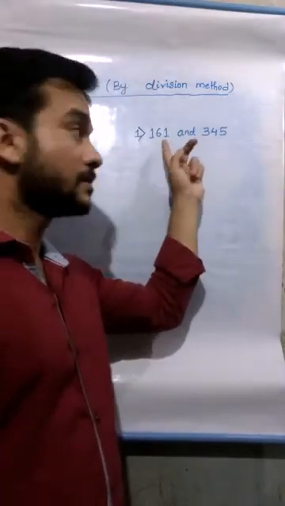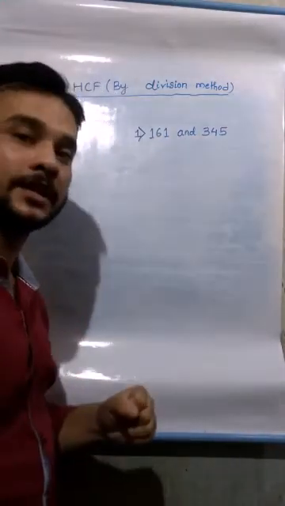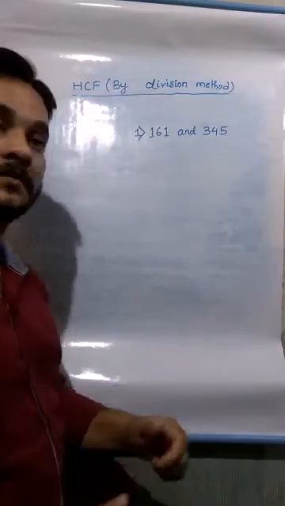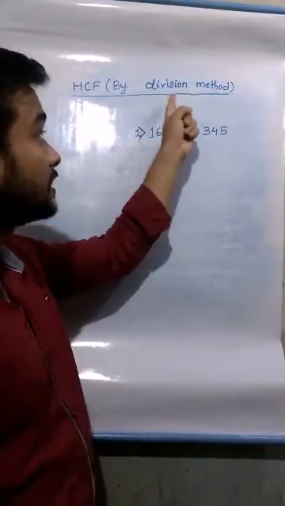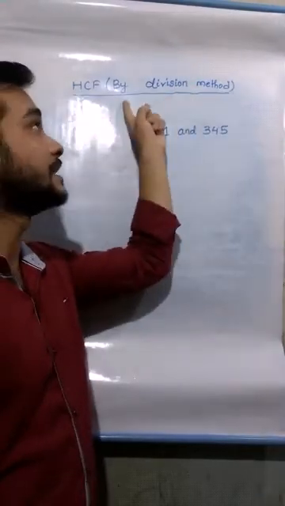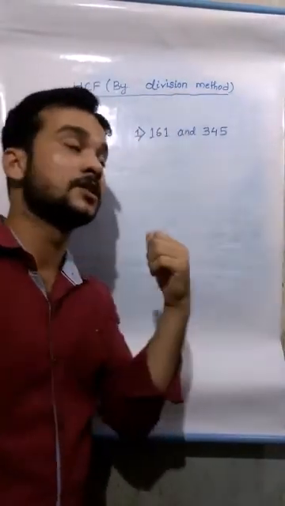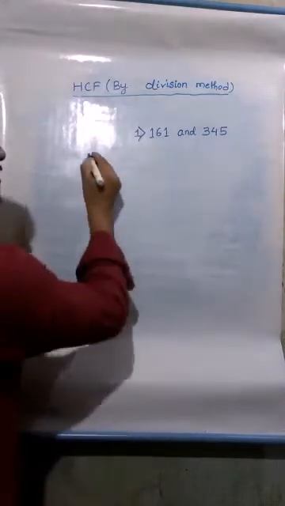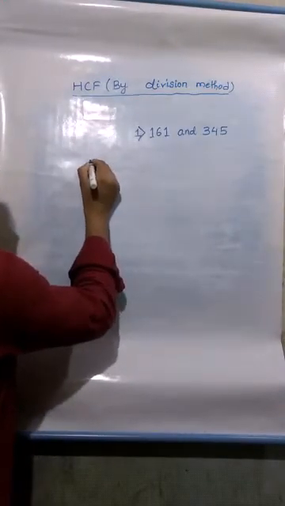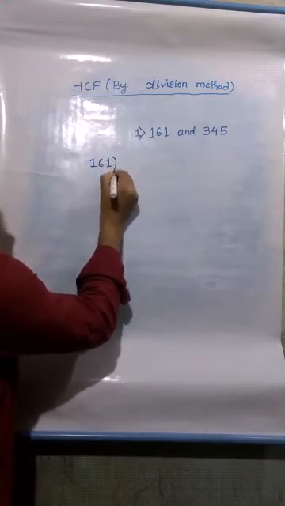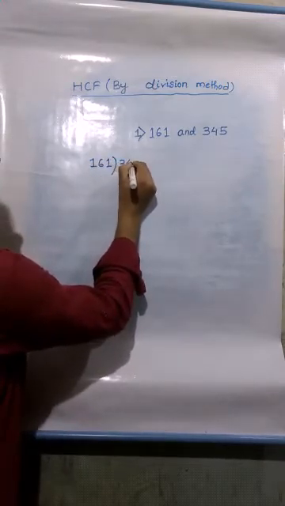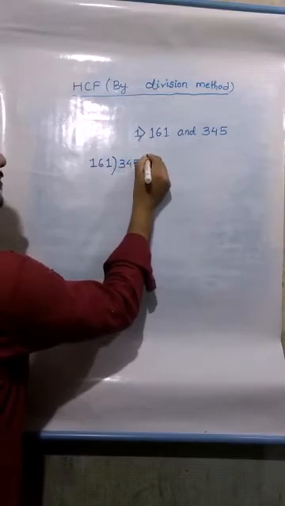There are two numbers, 161 and 345. We will find the HCF not by prime factorization, but by the division method. So what do we do in this case? First we will divide. Simply divide 161 and 345.